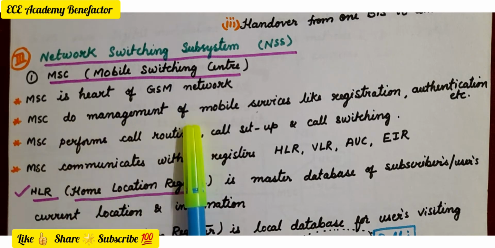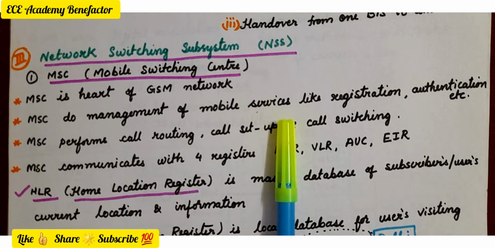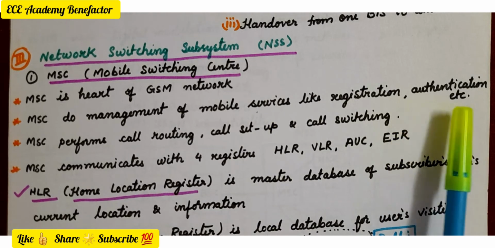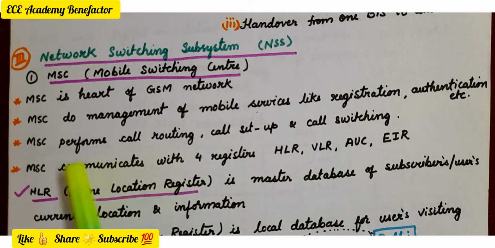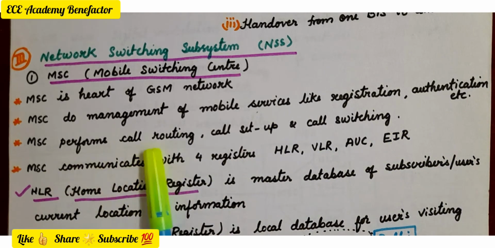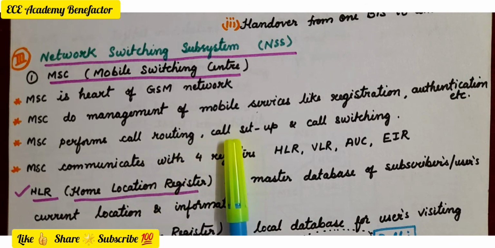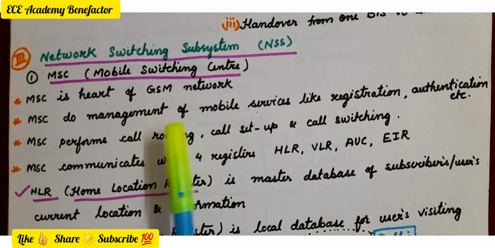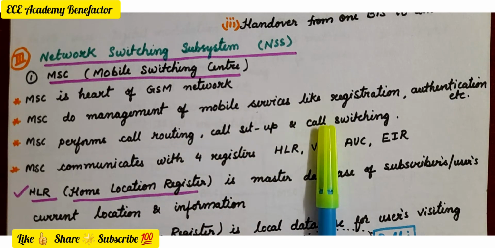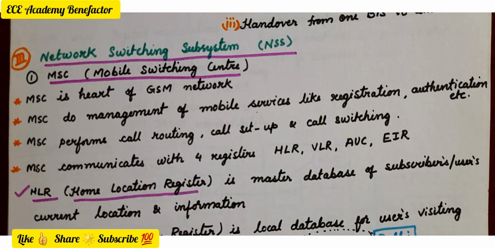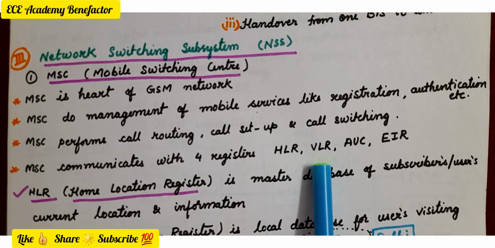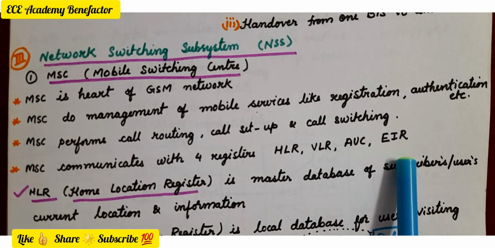MSC does management of mobile services like registration, authentication, etc. MSC performs call routing, call setup. First it will do call setup, then call routing and call switching. Okay. MSC communicates with 4 registers: HLR, VLR, AUC and EIR.